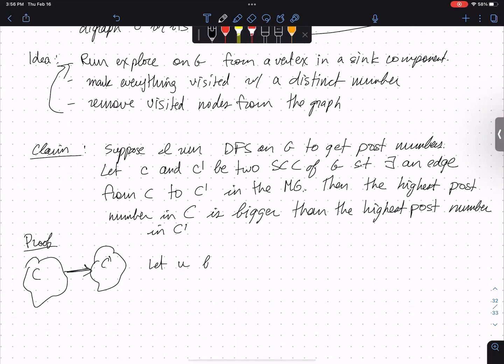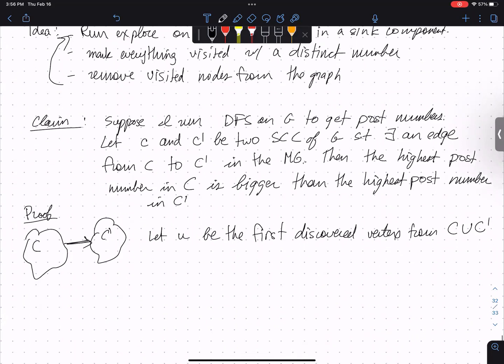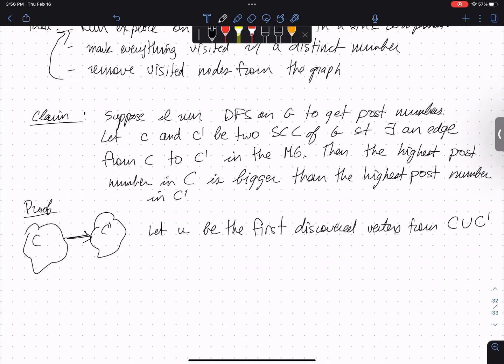Let U be the first discovered vertex from C union C prime. There are two cases we consider. The first case: U belongs to C. So U is in here somewhere.